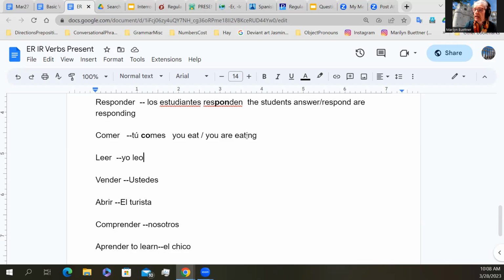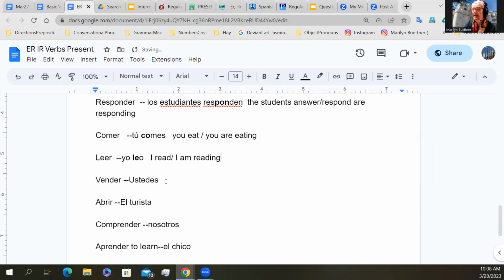And the e is going to get a little bit harder punch than that second syllable. Leo, actually it's all one syllable. And in English, we would say that by saying I read, I am reading, right? You might say I am reading, okay?